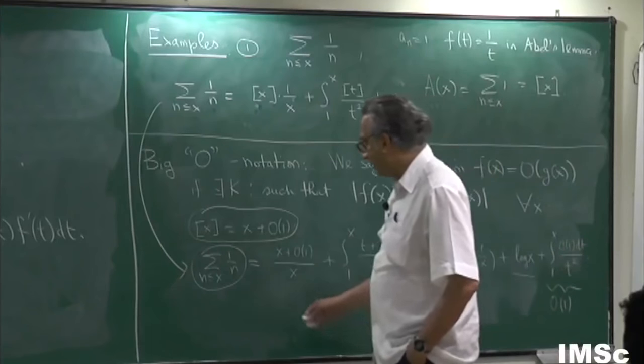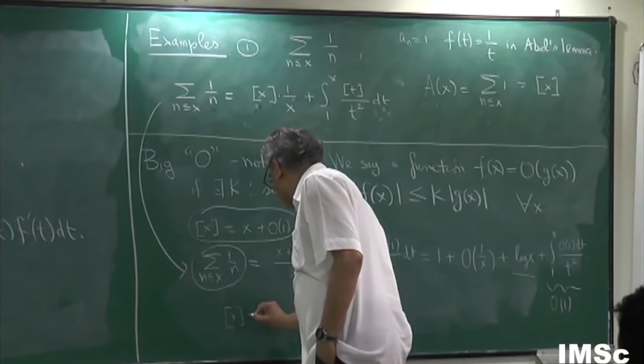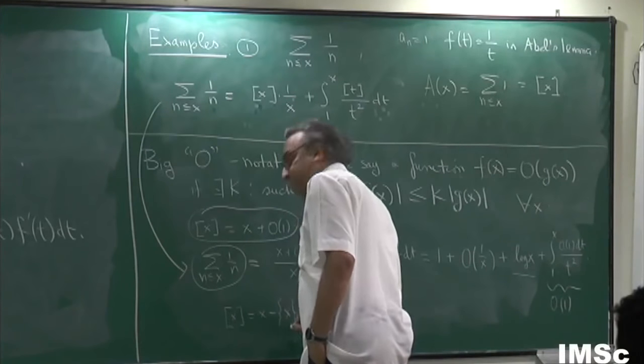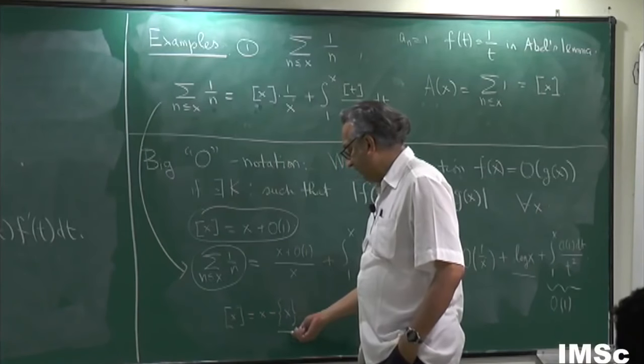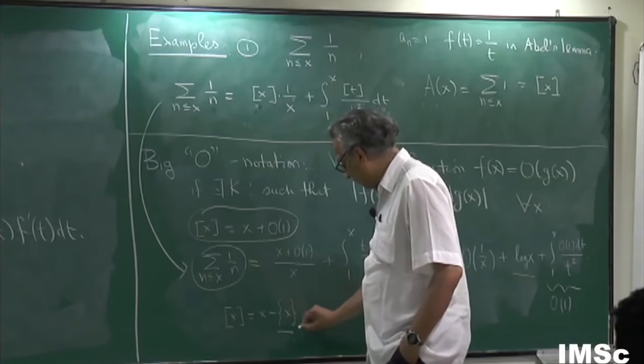What I'm going to do now is write this as x minus what's called the fractional part of x. So this is my notation. This is the definition, x minus greatest integer of x. Okay, so this is what's called the fractional part of x.